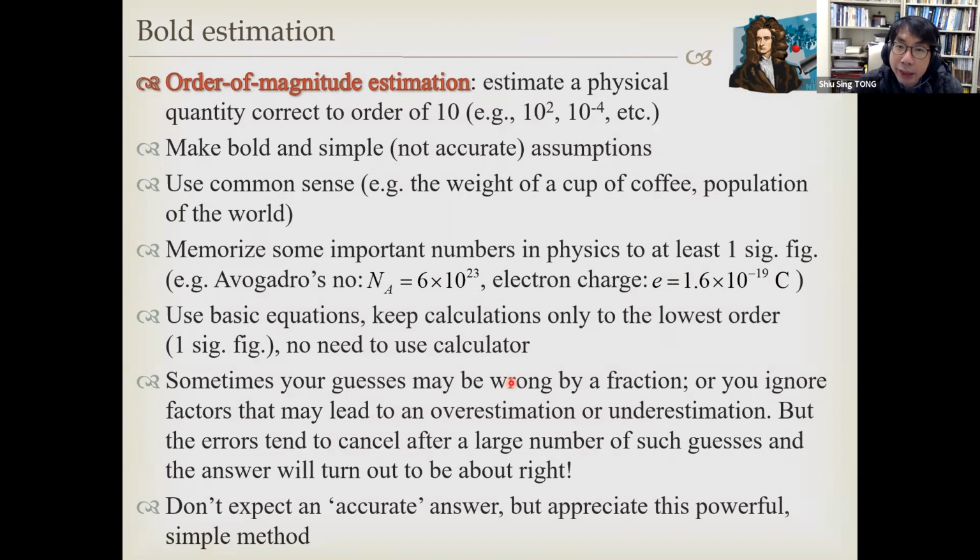For example, 10 to the power 2, 10 to the power minus 4, etc. They are the orders of 10. So the value that we are going to estimate is only correct to that order. So don't expect that you can get a very accurate result. You can only get an estimate of how large the number is, about what order it is.